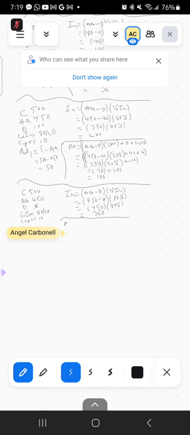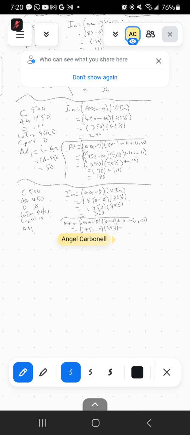So for the patient, we're going to use the formula: the allowed amount minus deductible times the percentage for the patient. Then at the end we add the deductible, and then the total. So if you do the numbers, allowed amount, 450. Deductible, we paid for it already, 0. We're going to multiply by the percentage for the patient, that is 20.